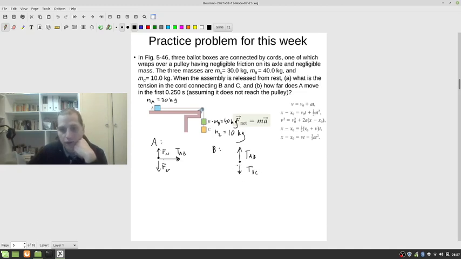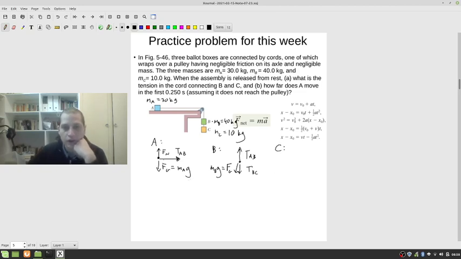Also acting on this would be the force of gravity, a different force of gravity. The force of gravity on A would be ma times g, and on B it would be mb times g. So different masses for different objects mean different forces of gravity.